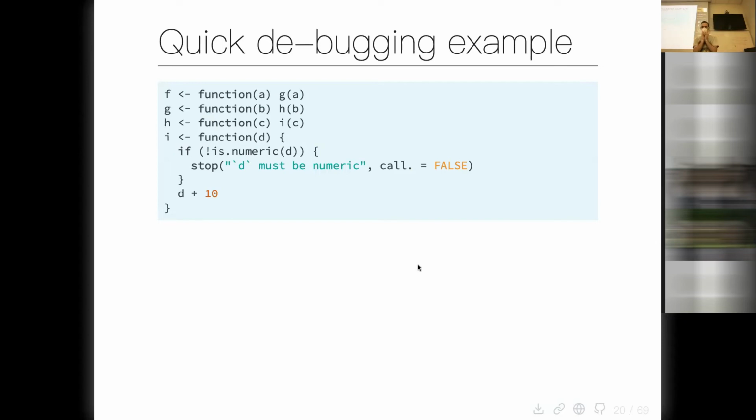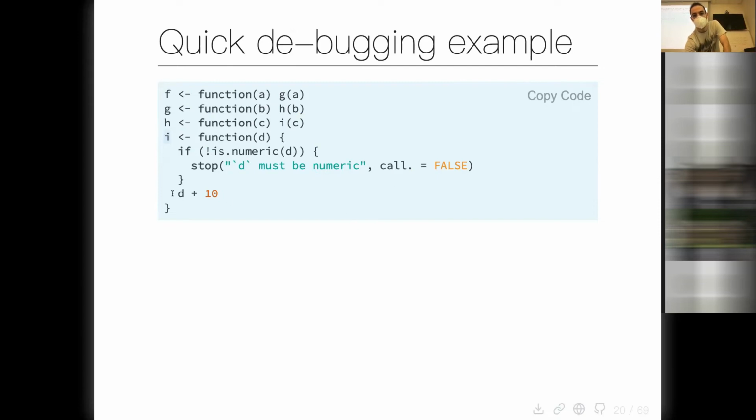Here is an example where we have a whole bunch of different functions. We have f, which takes an argument a. F calls one function called g, g calls h, h calls i, and i is this function that says if not numeric, stop, d must be numeric.